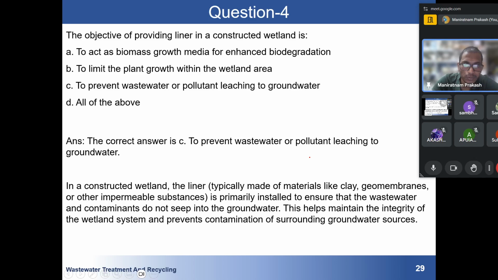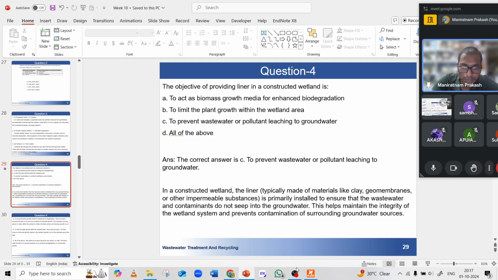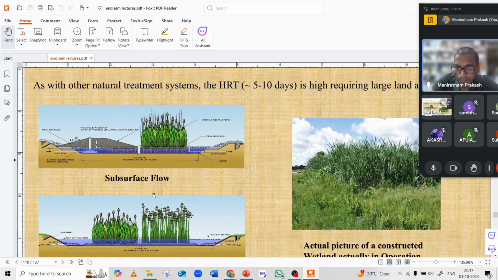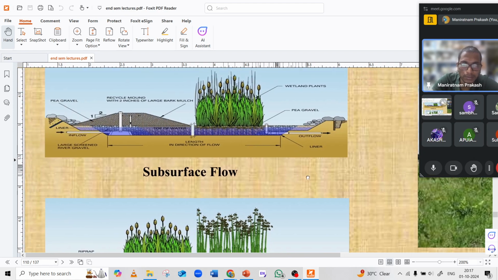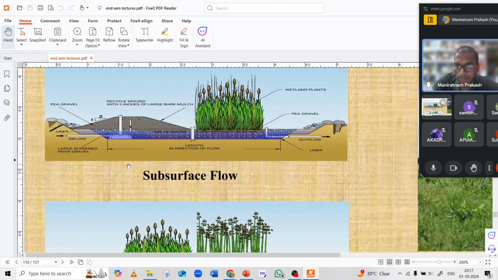I will just show you again. I will go to this picture. Here you can see this liner is there. I think everyone is seeing my PDF. So there is some kind of membrane. We know that our wastewater might contain some kind of pollutant.